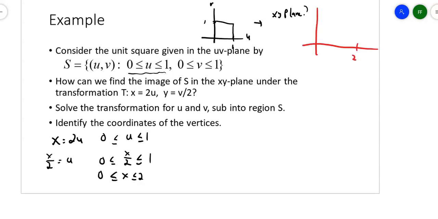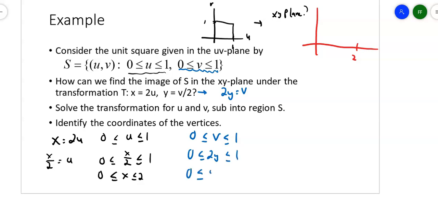Okay. How about the y's? Well, here it says y is equal to v over 2. If I multiply both sides by 2, then I'll get 2y is equal to v. Well, again, because it's a unit square, the v's went from 0 to 1. Replace that v with a 2y, and divide.